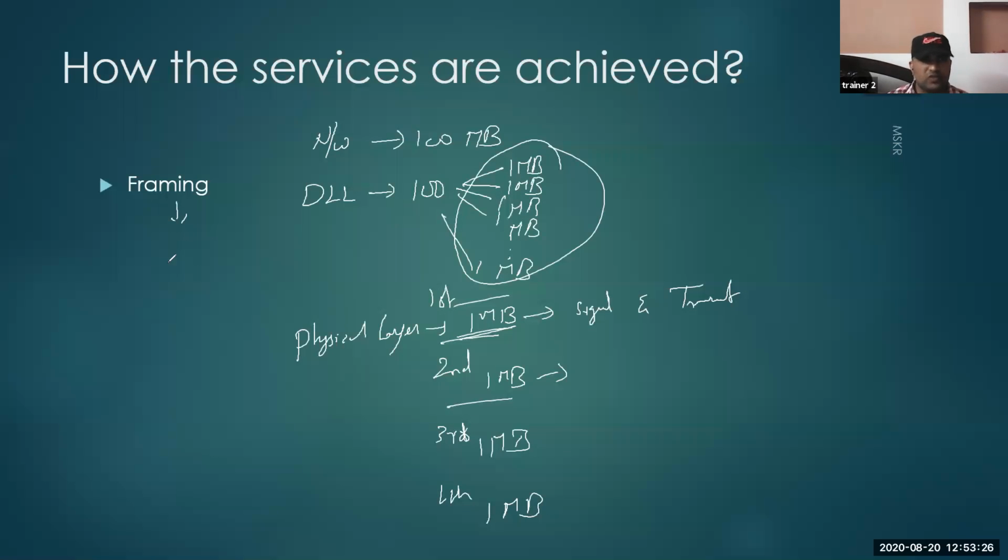Let me repeat my question. When the network layer gives you information, you are going to divide the information into smaller parts called frames.